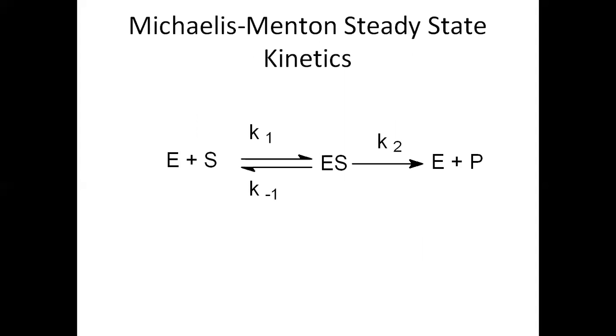The most common technique used was developed by Michaelis and Menten, who made the intellectual leap that if reactions were conducted for a short period of time, then there would not be sufficient time for the reaction to run in the reverse direction. This is referred to as steady-state kinetics.